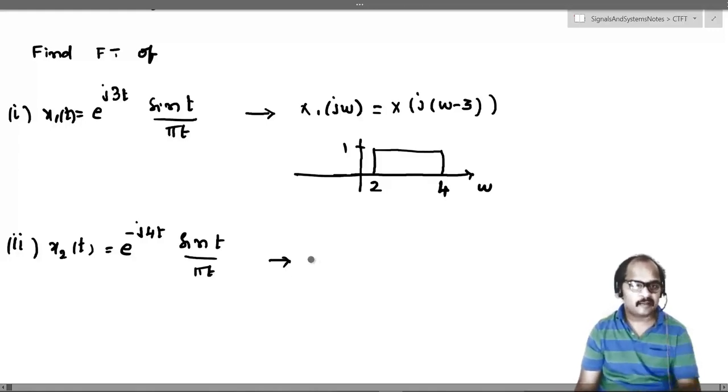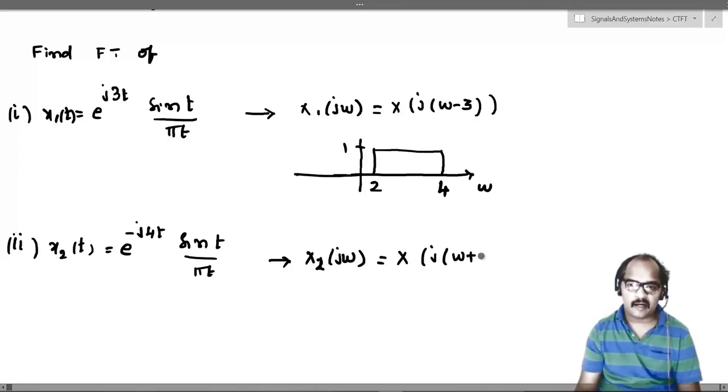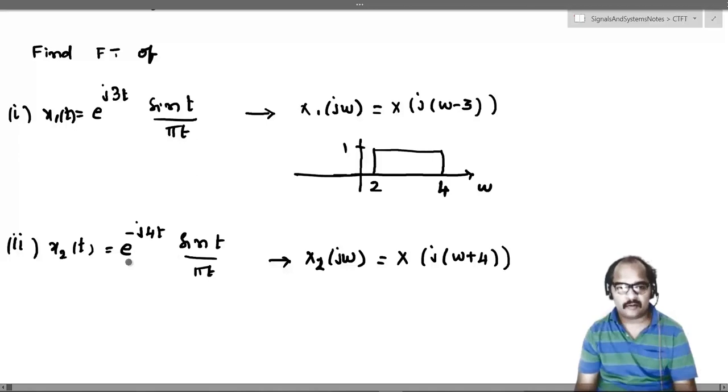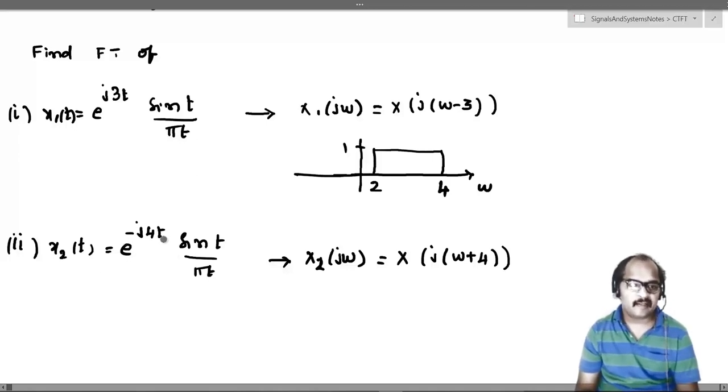Again, this is the shifting in frequency domain property, so you will get x2 of j omega to be x of j omega plus omega naught. This is looking like e power minus j omega naught t x of t, and hence it will have x of j omega plus omega naught as the Fourier transform.